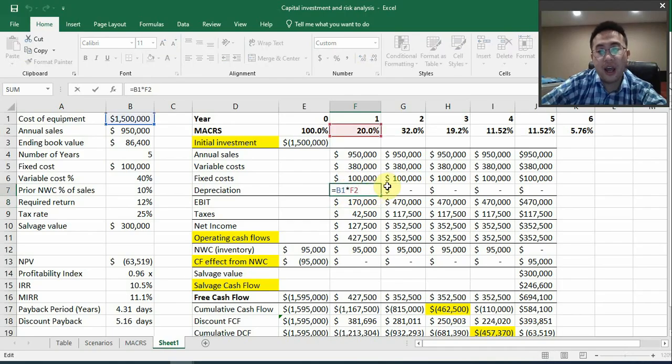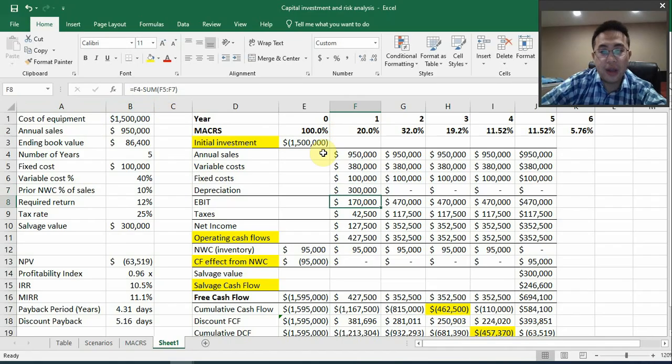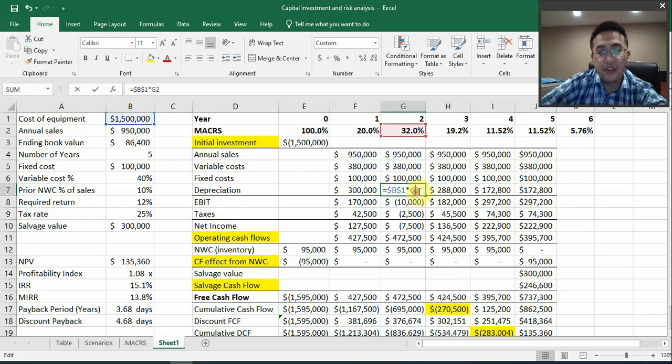Then you drag it all the way to the right. Before you drag it, you must lock B1 here, and B1 stands for the cost of equipment. So if you drag it, the cost of equipment of $1.5 million will be used for all of these cells.